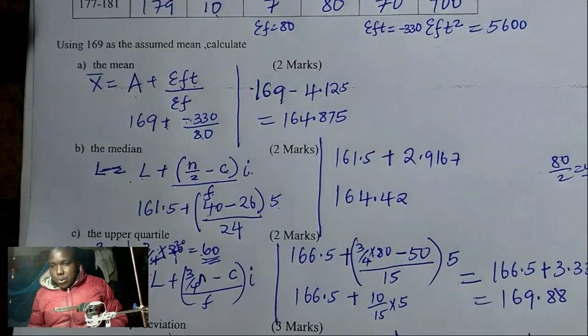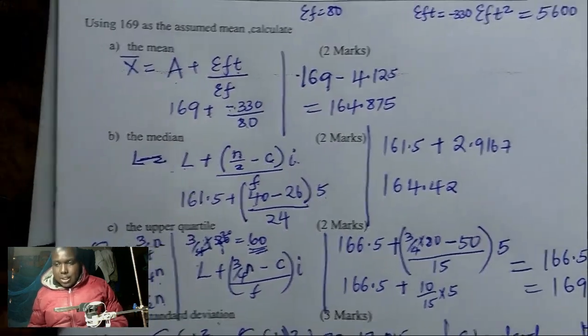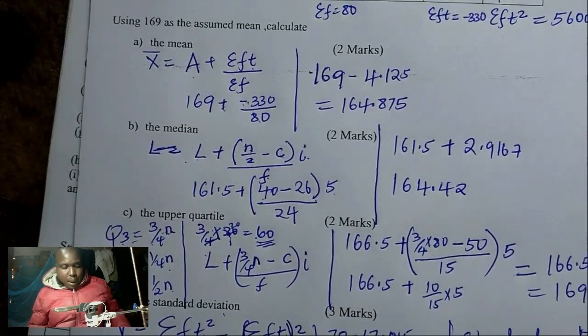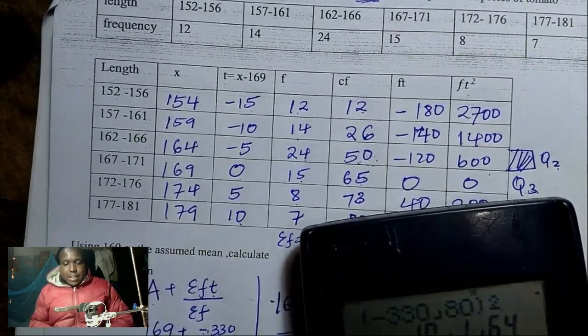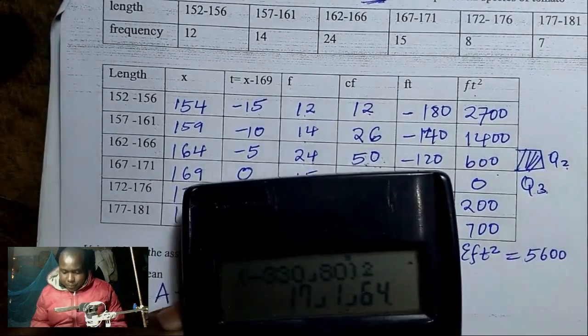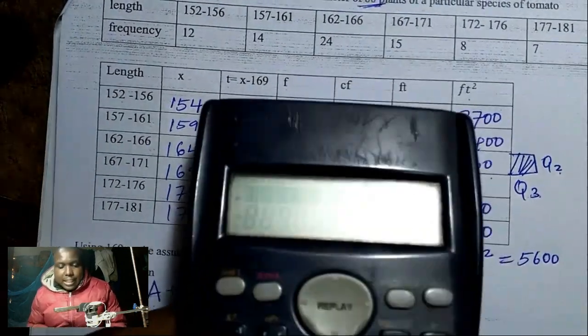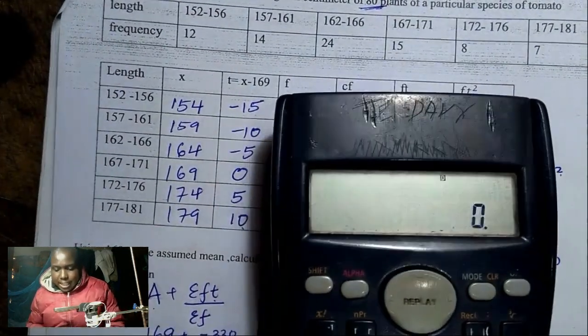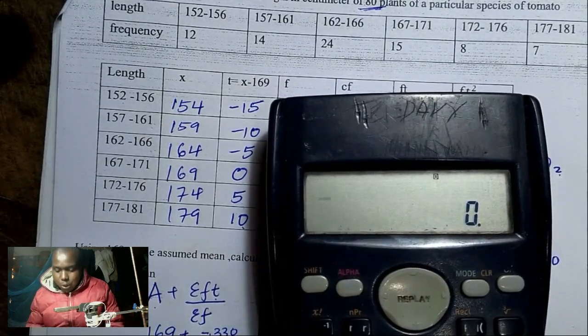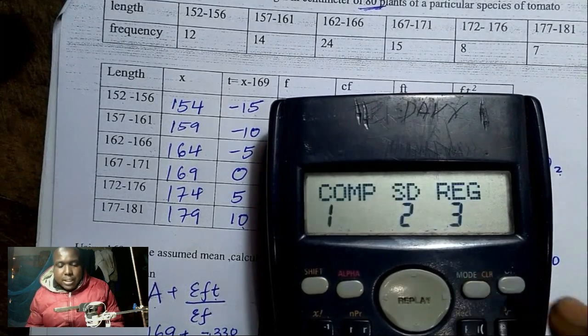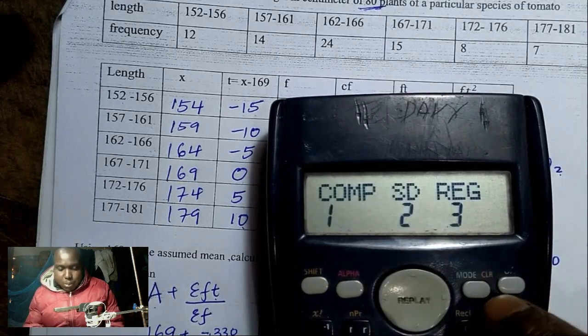Now I want to show you how to use the calculator to get the standard deviation, the mean, to confirm. So this is our calculator and this is our data. In our calculator, make sure your calc is in the SD mode. So how do you put in SD mode? Come onto the mode. You can press mode.